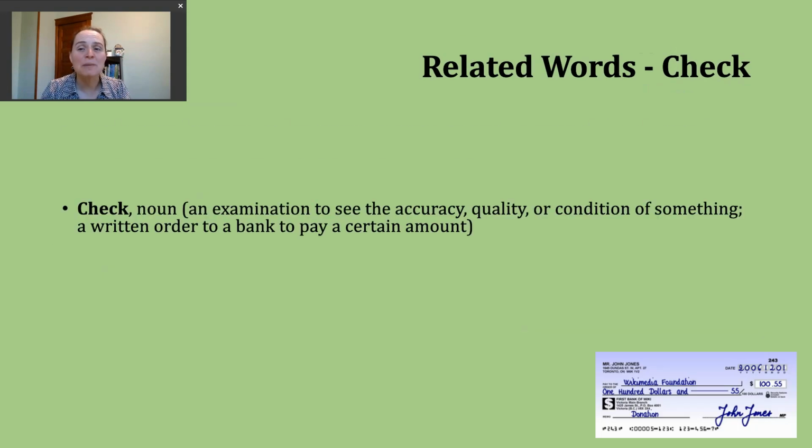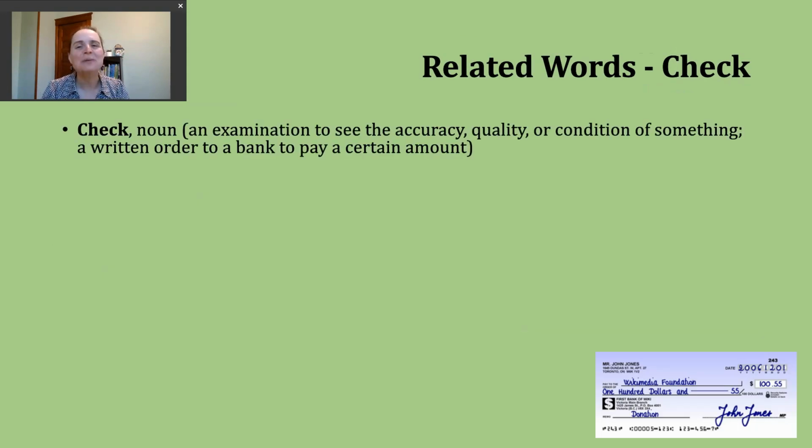Now, let's spend a moment looking at some words that are related to our verb check. And the first thing we're going to discuss is really just the noun form of this word. So, exact same spelling, exact same pronunciation. When I use the noun check, I might be referring to an examination in order to see the accuracy, the quality, or the condition of something.